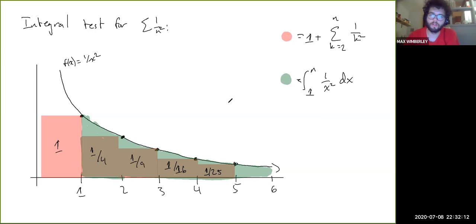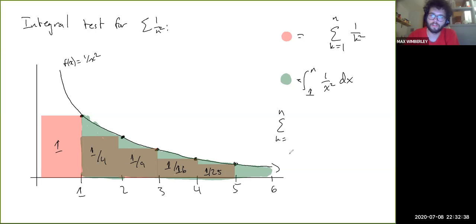So if we set things up this way, what we can see from the picture is that 1 plus the sum from k equals 2 to n, well, really we could just say the sum from k equals 1. So this is actually still the sum from k equals 1.